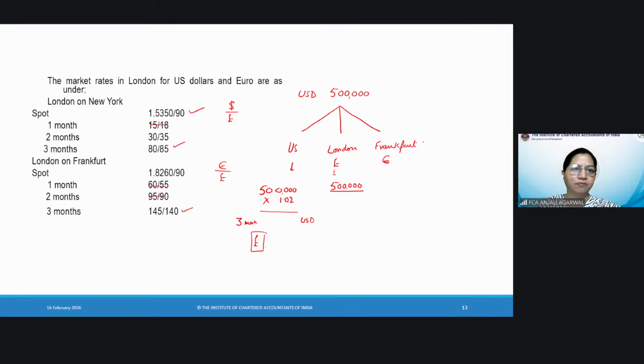What is the rate of pound? Spot rate against dollar, the bid and the ask. So you're going to sell the dollars. Indirectly, you're going to buy the pounds. So when you buy, the ask rate is applicable: 1.5390. These are the number of pounds you will have for investment.